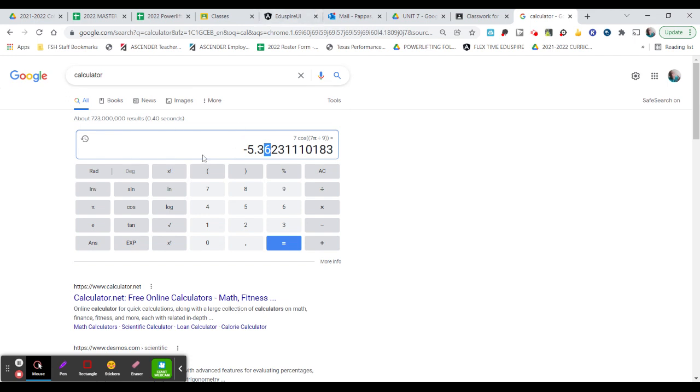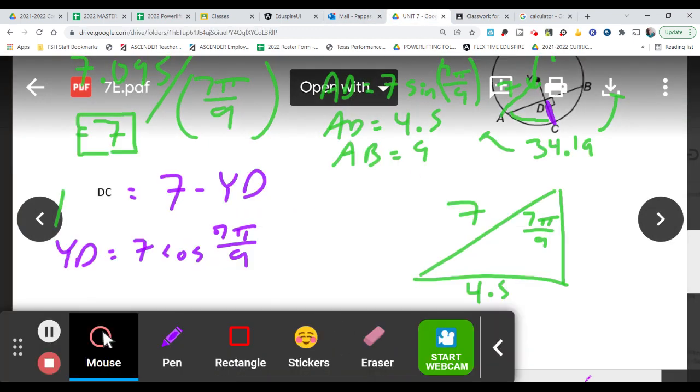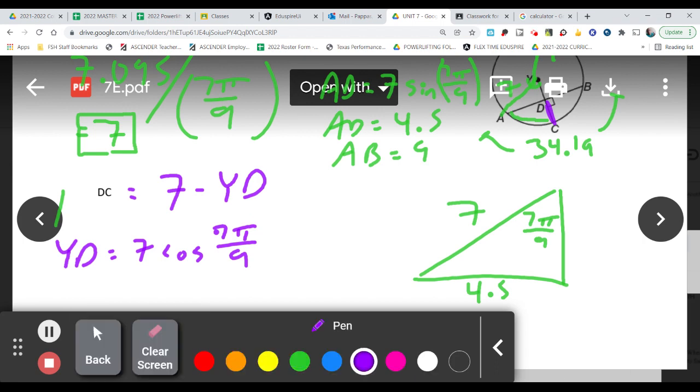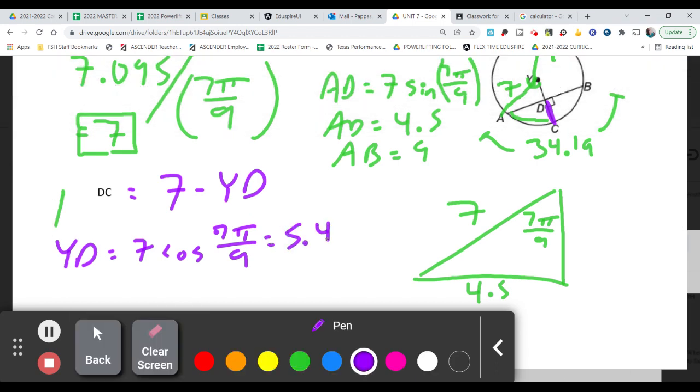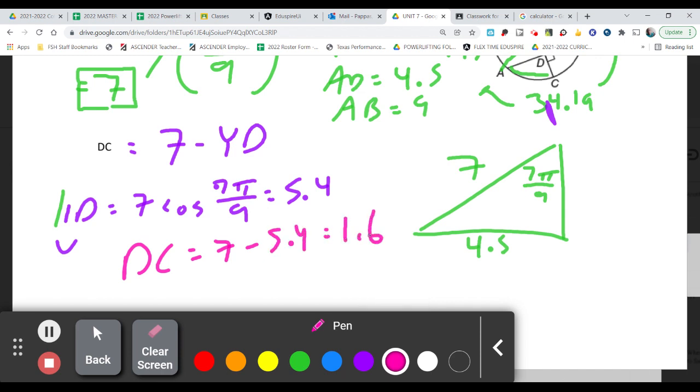It's a complicated thing about the cosine of an obtuse angle right there. So we'll call it 5.4. And so DC, which is the other part, is going to be 7 minus the 5.4, which is going to be 1.6.